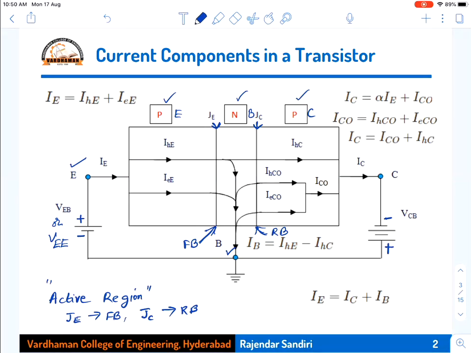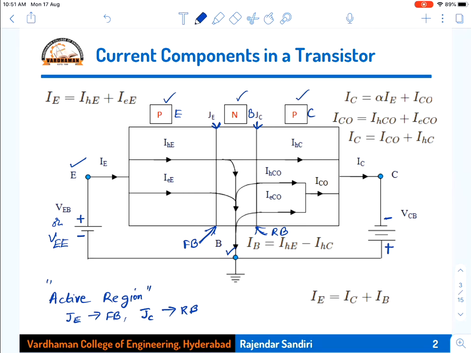So the battery polarities are interchanged. In a forward biased junction, positive is connected to P-type and negative to N-type, whereas in reverse bias, negative is connected to P-type and positive to N-type. So the polarities of the battery are connected in reverse. Therefore, it becomes a reverse biased junction.